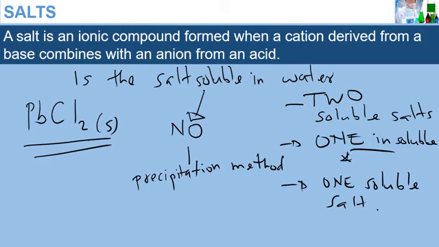Therefore, we'd have to choose a soluble salt that contains lead ions and another soluble salt that contains chloride ions. So an example of a soluble salt that contains lead ions could be lead nitrate. An example of a soluble salt that contains chloride ions could be potassium chloride.